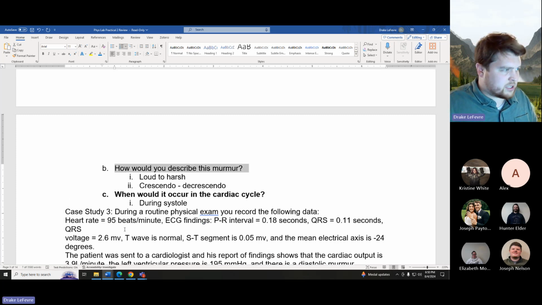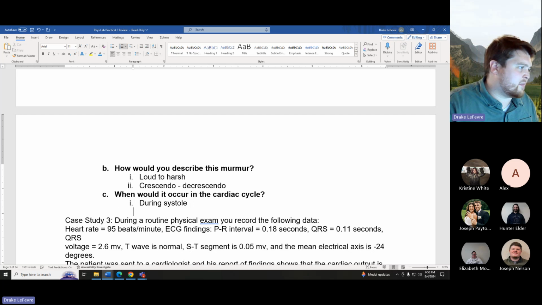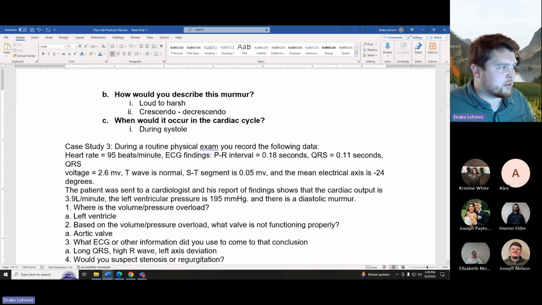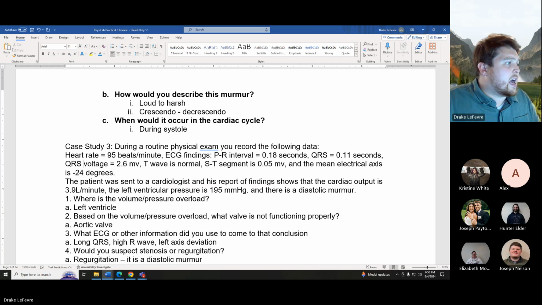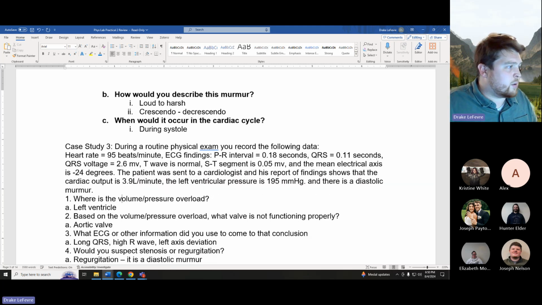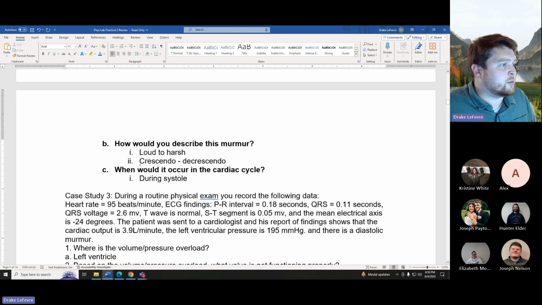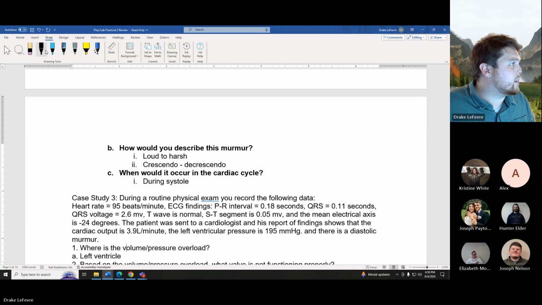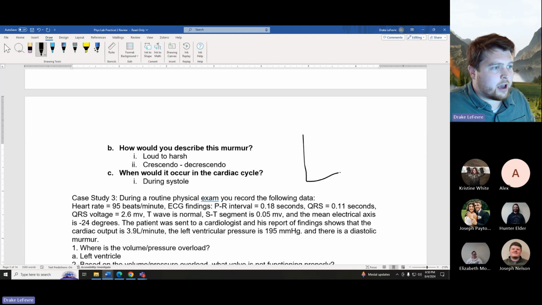A lot of these questions, if you've watched any of my heart videos or were here for live sessions, I told everybody 1,000 times that you absolutely need to know that cardiac cycle chart. You know which one I'm talking about? This little guy like this, right?